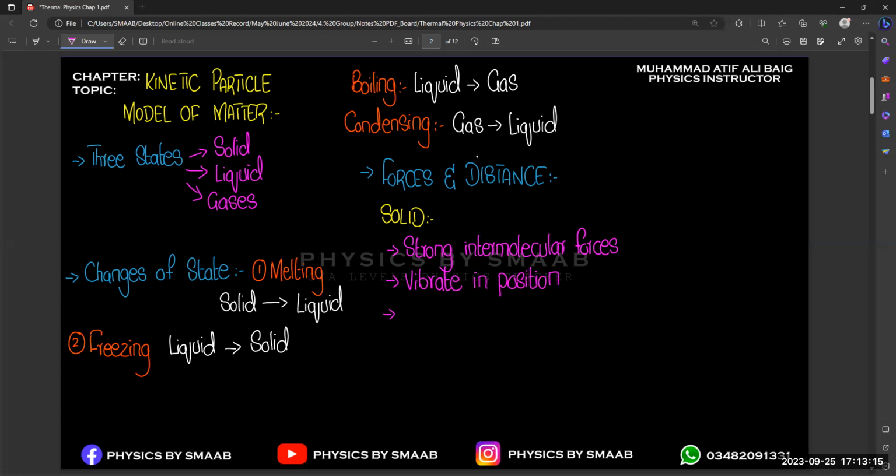And the distance between the molecules is fixed. And further, you know that they have a fixed shape, fixed volume, or you can also write rigid shape and fixed volume.